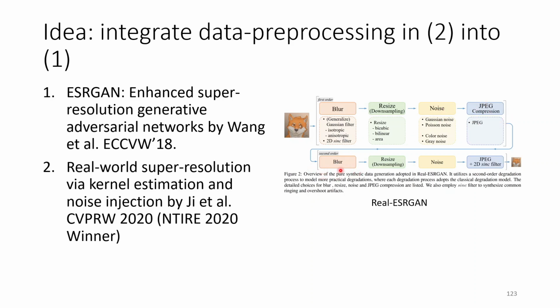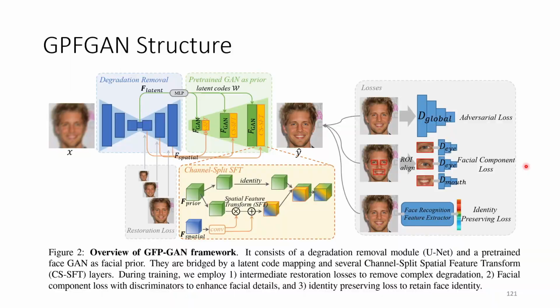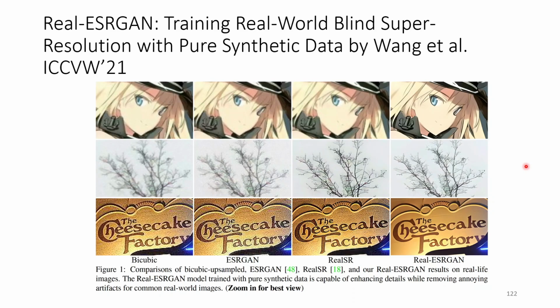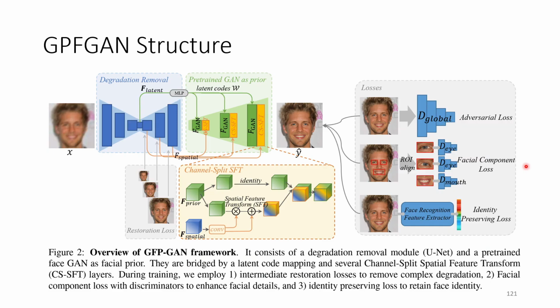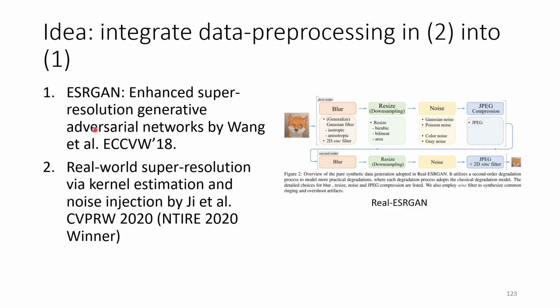Add blur, resize, noise, and the JPEG artifact again. So they generate various low resolution, low quality images, and they use the images to train their model, to train the existing ESRGAN model. So they generate better results.